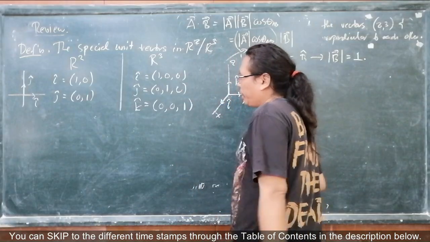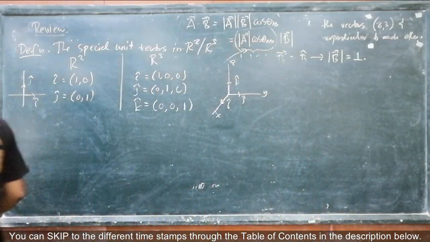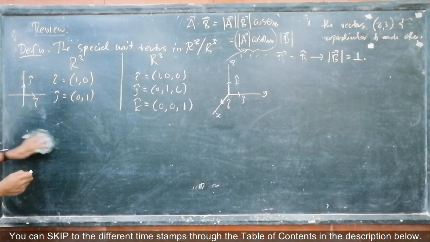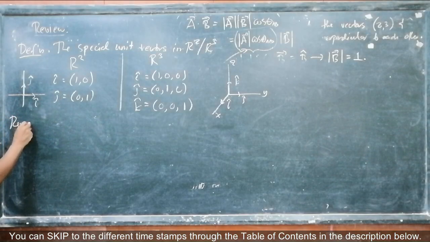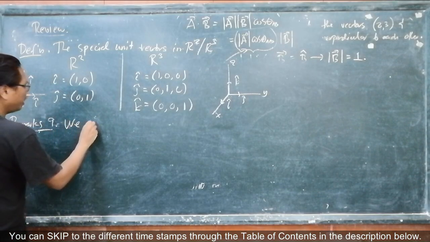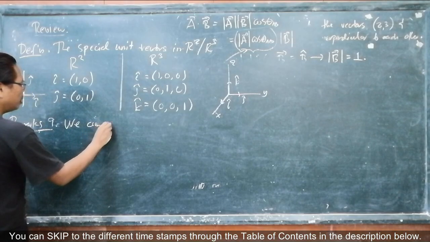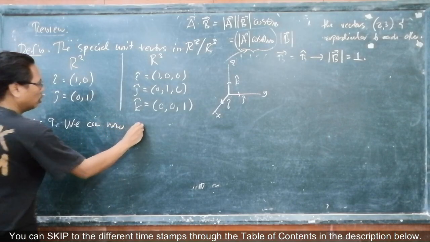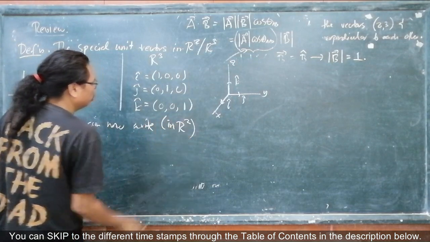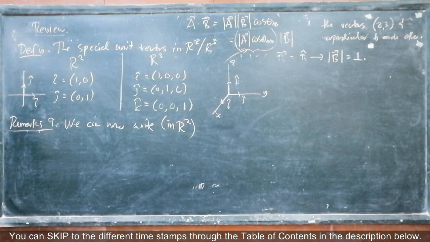So, for example, in R2, technically, we can now write, okay, remarks 7, 8, 9. This is actually a theorem. We can now write in R2, in fact, we can do this also in R3.